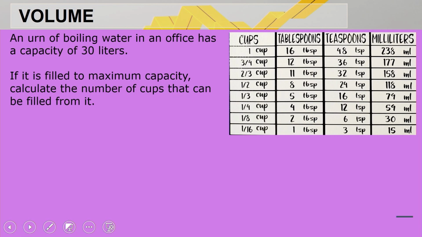If we look at a question, an urn of boiling water in an office has a capacity of 30 liters. If it's filled to maximum capacity, calculate the number of cups that can be filled from it. So now, if we look at the conversion given to us, remember we know that 1 cup is 250 milliliters, but it is always important to work with what is given.